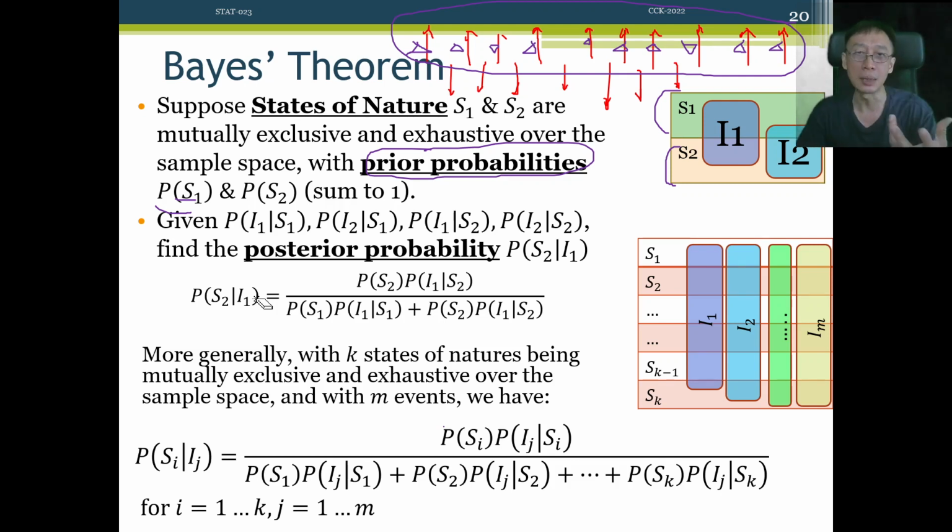But when we consult an expert and the expert utters I1, and then we ask, what's the chance P of S1 given I1? What's the chance that the outcome S1 is exactly as what the expert predicted, I1? And if this number is 0.82 instead of 0.5, then we say, wow, okay, I think we can take a chance because it's a calculated risk, right?